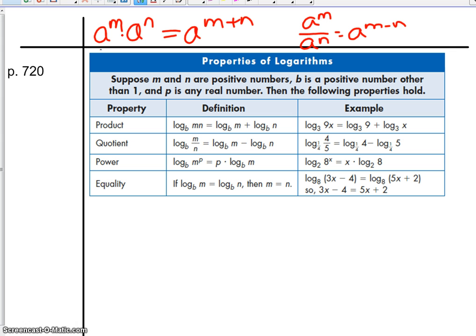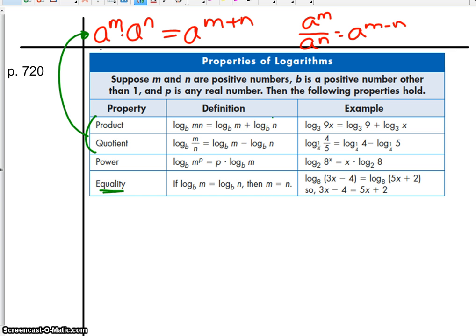All right, so on page 720, you got a number of rules. We just got done talking about the equality one, the idea that if I have a logarithm equal to a logarithm, those two expressions are going to be equal. The product and quotient, I got those tied in with, if you remember from our exponential stuff, if I multiply two powers, I add my exponents. We're going to go the other way.